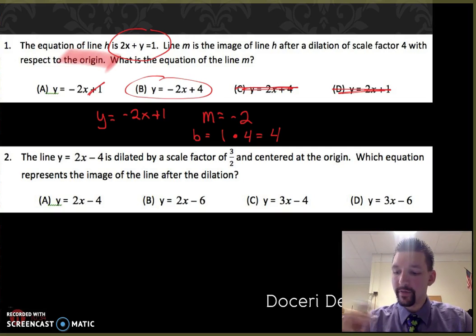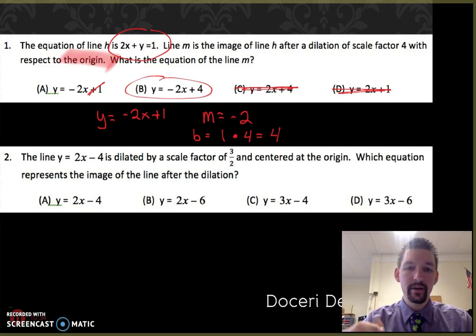So I'd like you to pause the video, try number 2 here on your own, and we will go through it in just a second. So, looking at this, we have the line y equals 2x minus 4. We're dilating with respect to the origin, centered at the origin. So we know that the slopes are going to be the same.